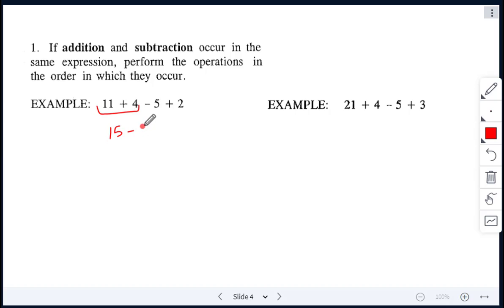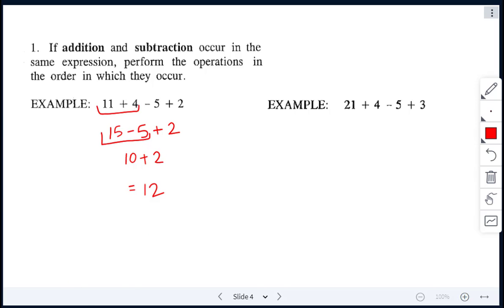Then I would write out my minus 5 plus 2. Notice how I am taking the time to write out my steps. Next, we have 15 minus 5, which gives me 10, plus 2. So I brought down the plus 2, which gives me my answer of 12.